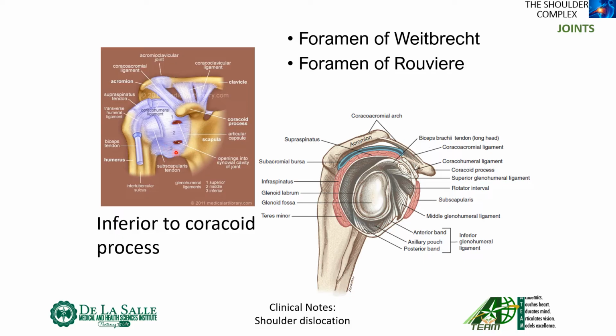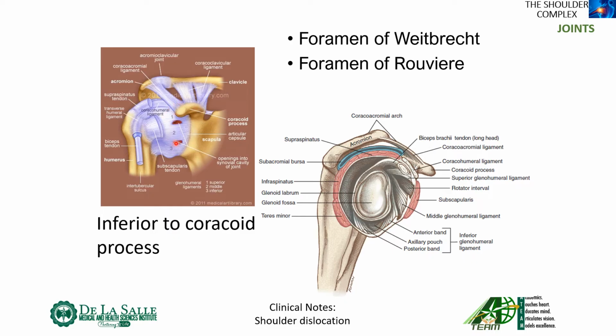Why is it important for us to be familiar with these foramina? Foramina is the plural of foramen. It's associated with shoulder dislocation. Trivia: the most common direction of shoulder dislocation is anterior. We have different factors that may explain that phenomenon, and one is the presence of the foramina in the anterior part of the joint cavity.